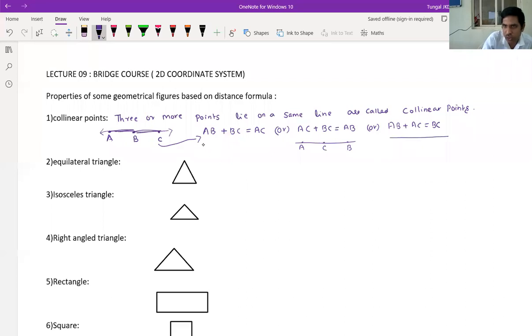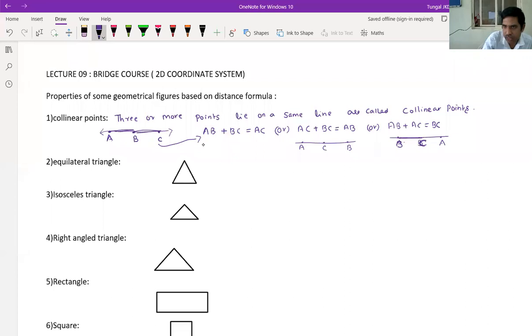For this one, the position is A, B, C: AB plus AC is equal to BC. We have to take B, C, A now. AB plus AC. Okay.